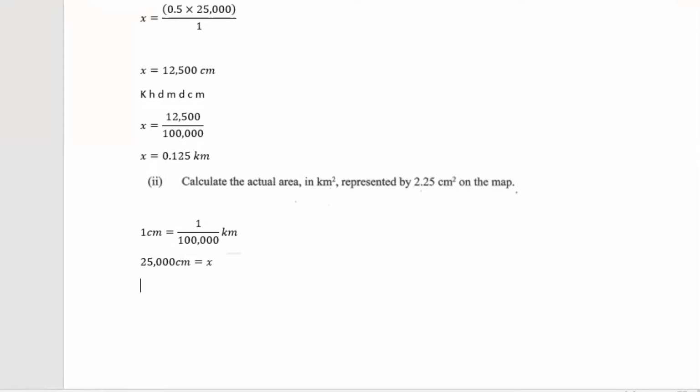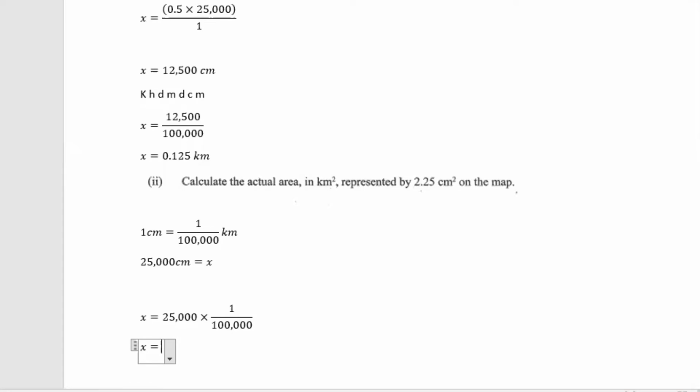Cross multiplying and solving for x, x is equal to 25,000 multiplied by 1 over 100,000, so x is 25,000 divided by 100,000.